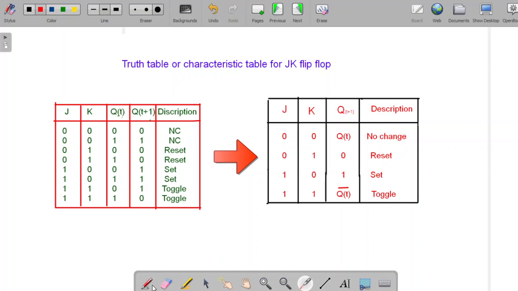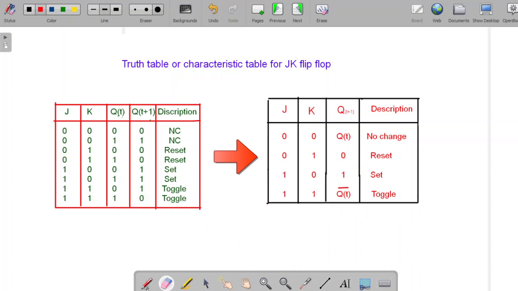So for these two input combinations we get this as 0. That's why we have taken this as the 01 combination. For this we get, whatever be this Q(t), the next state as 0. That is called the reset condition. So that's what we have seen here.